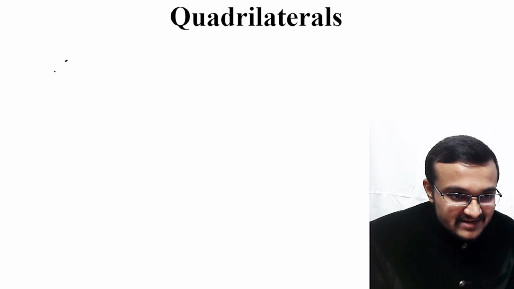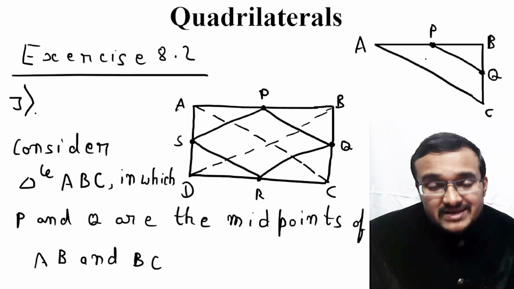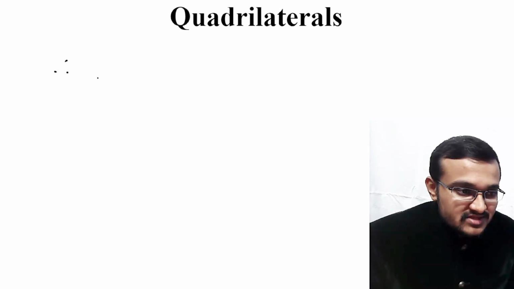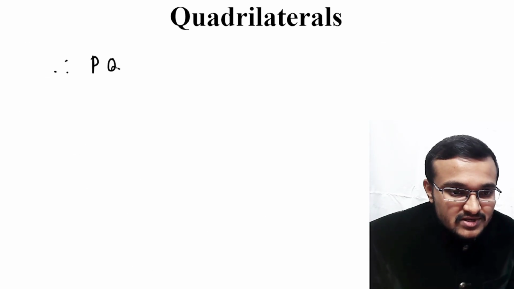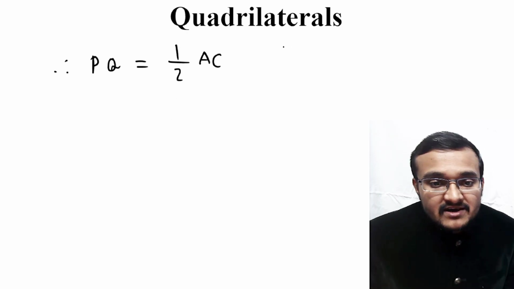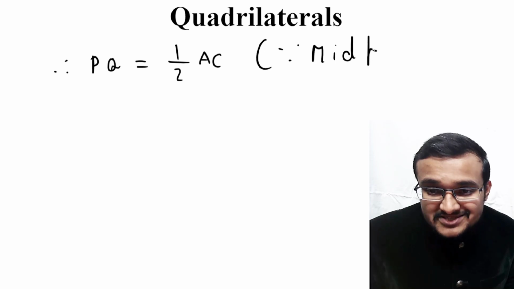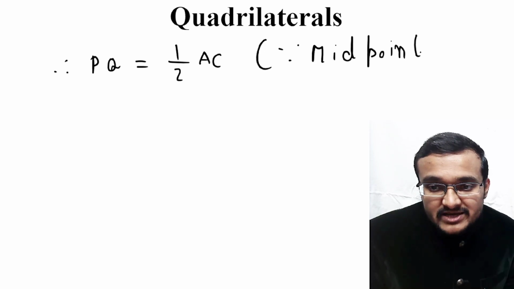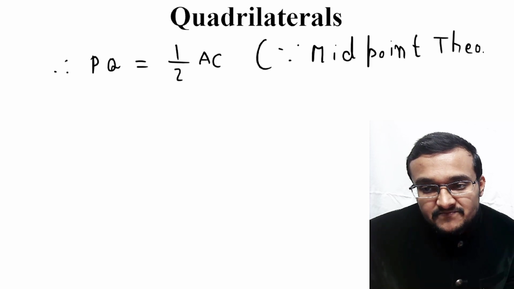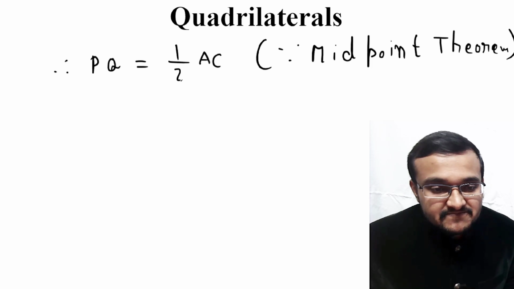So therefore this PQ is half times AC. So therefore PQ is equal to half times AC. This we have seen in the midpoint theorem. So if you want to understand the midpoint theorem and the converse of the midpoint theorem, you can refer to my previous videos. So from the midpoint theorem, we know that PQ is equal to half AC.